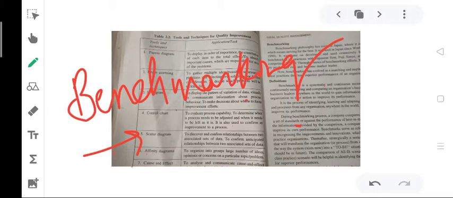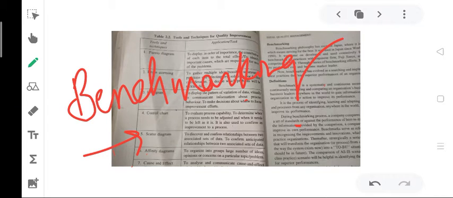Benchmarking is to compare a process against those of recognized leaders to identify opportunities for quality improvement.